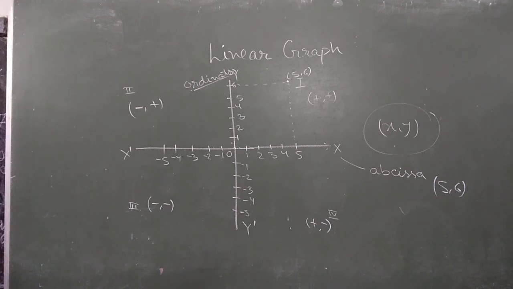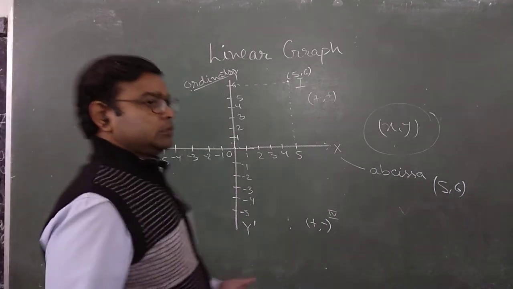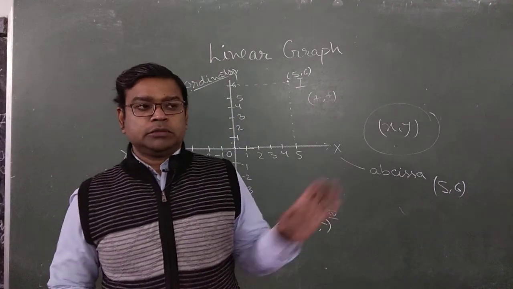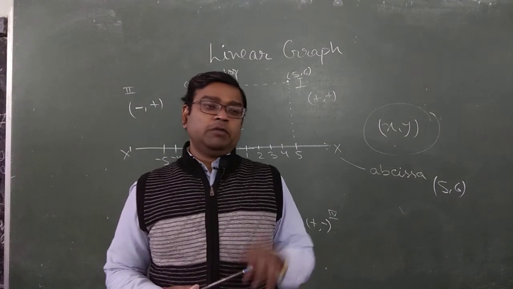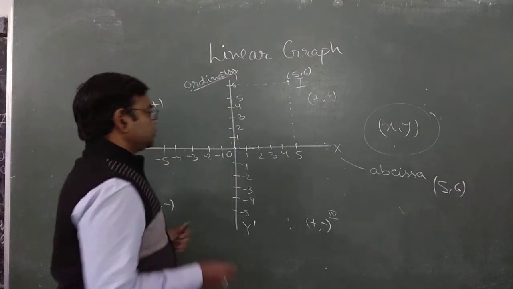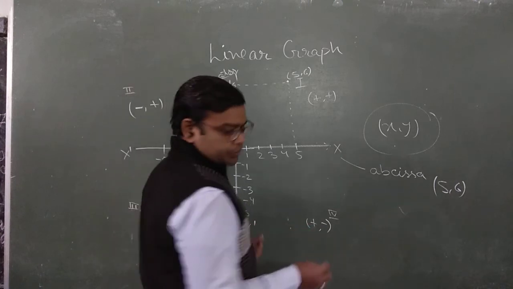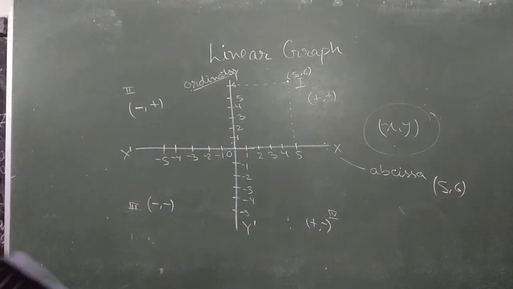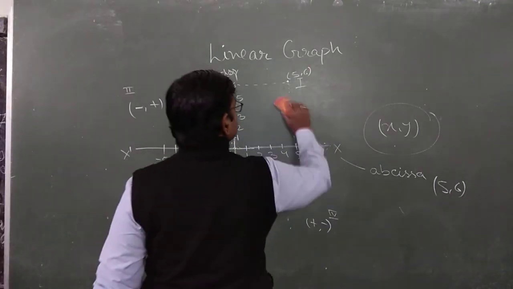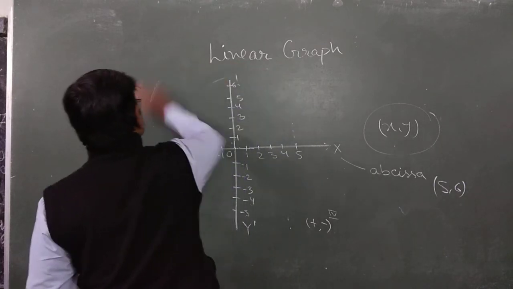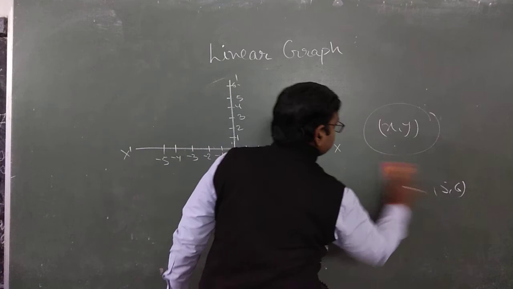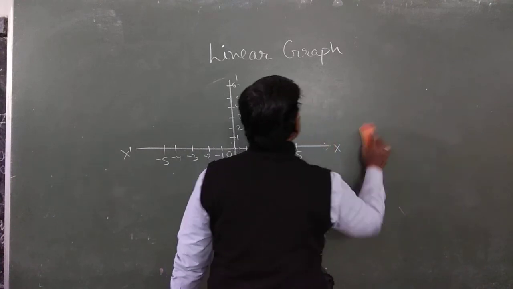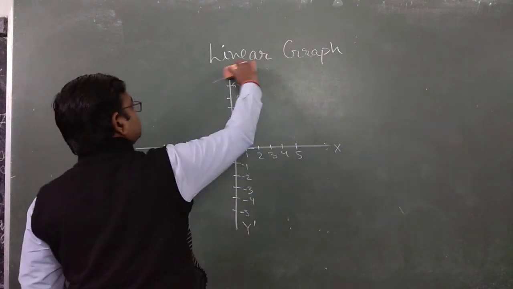In some questions, ordered pairs are given to you and you have to locate them by yourself. Always remember that you must choose some unit. Let me rub this part so that you can easily understand. Okay, now it's clear to you.